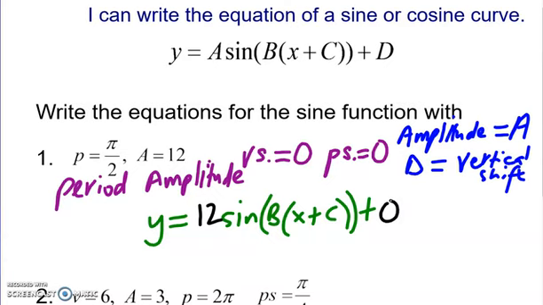And then let's talk about the c value. Let's use a different color. Your c value is equal to negative your phase shift.